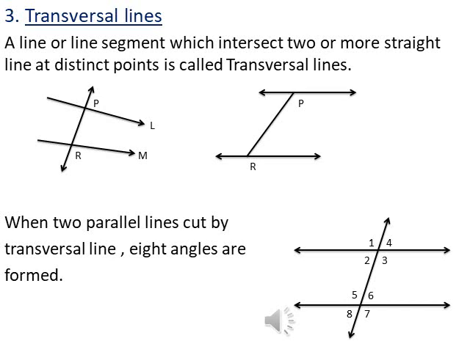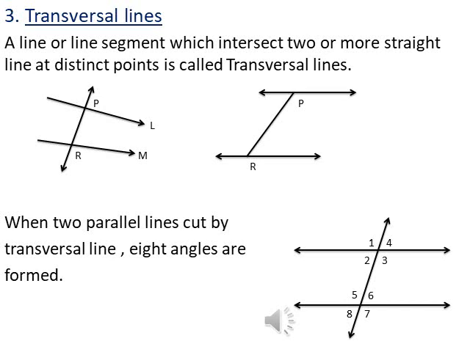In the second figure, can you see? PR is a transversal segment. It intersects these two straight lines at distinct points, that is, point P and point R.